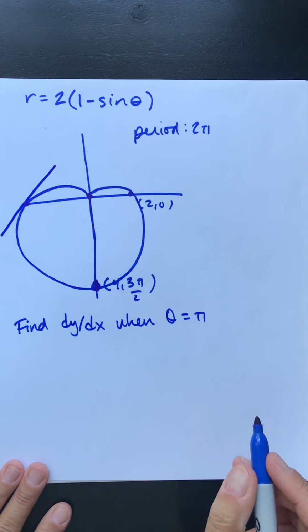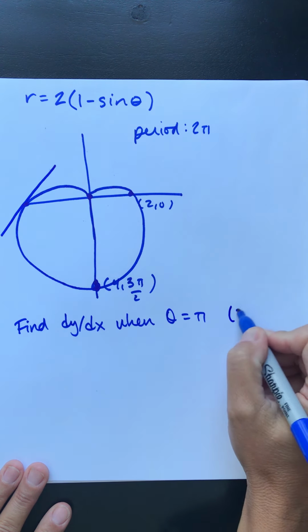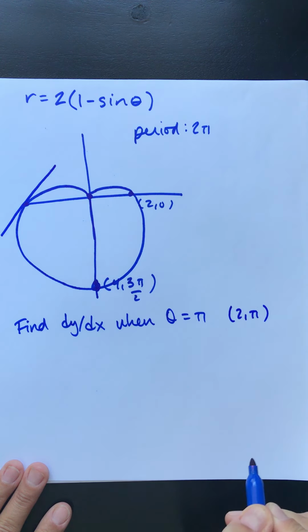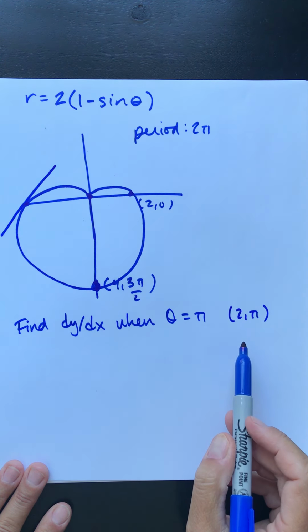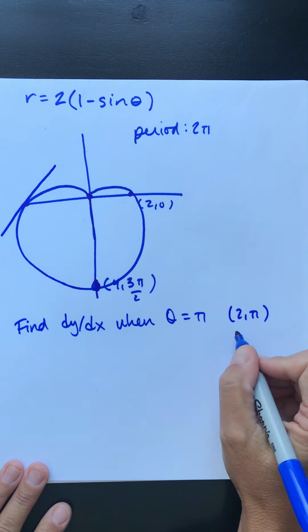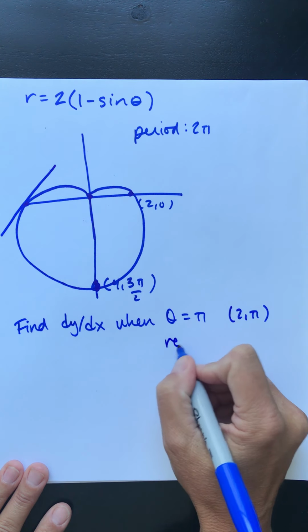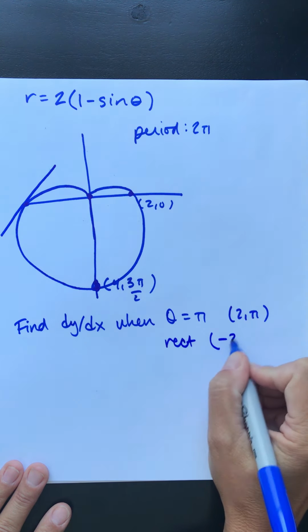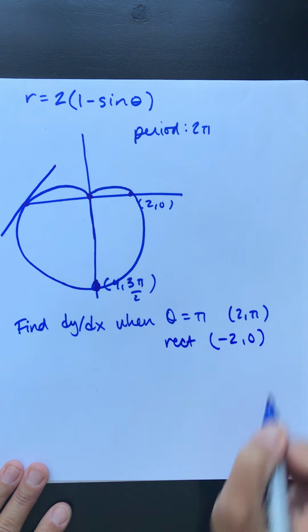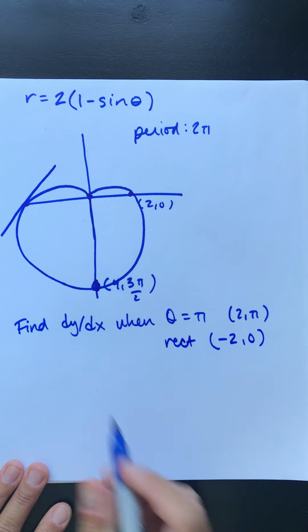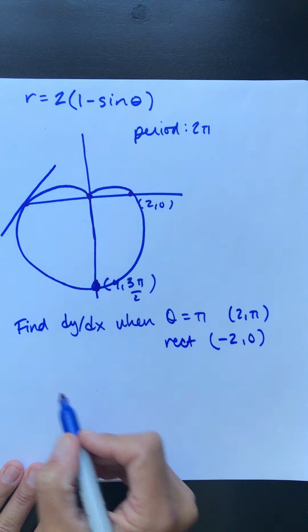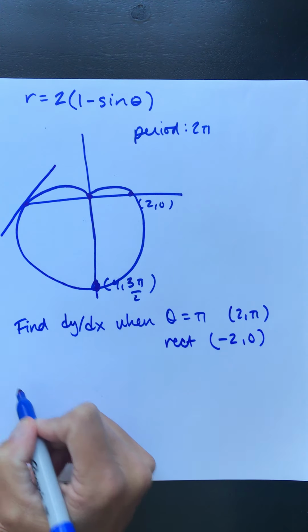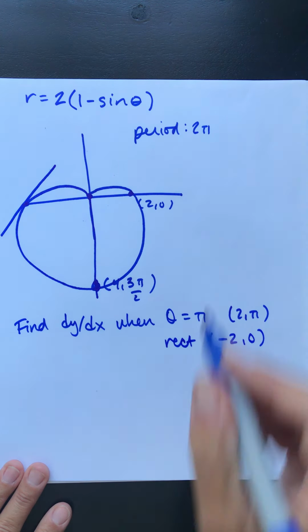So when theta equals pi, I'm at the point (2, pi). If I wanted to actually convert this to rectangular coordinates, this is the point (negative 2, 0). So to find dy/dx, I have to find dy/d theta over dx/d theta.